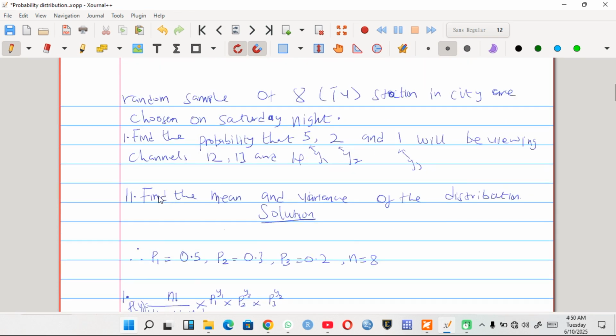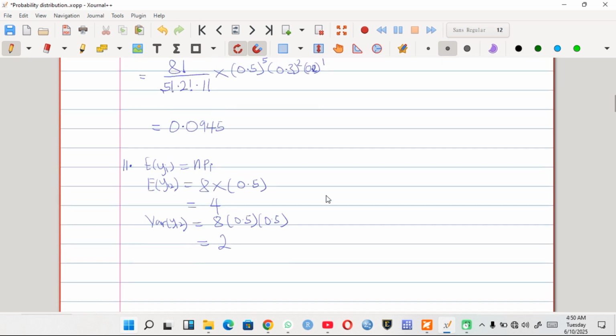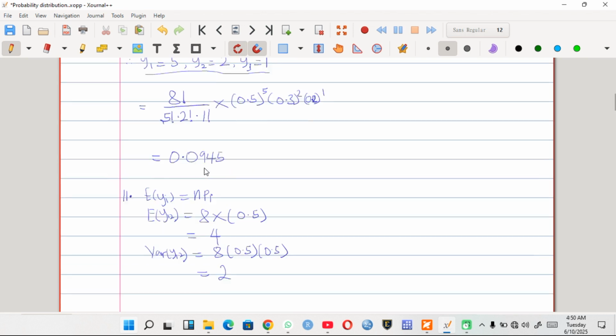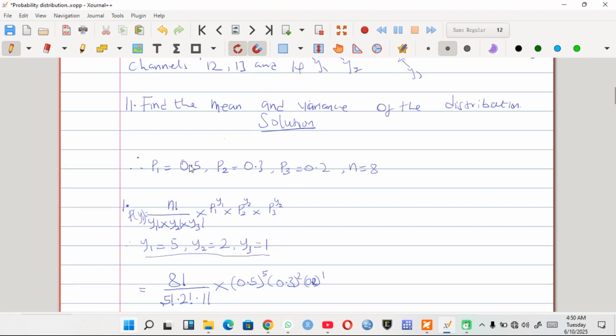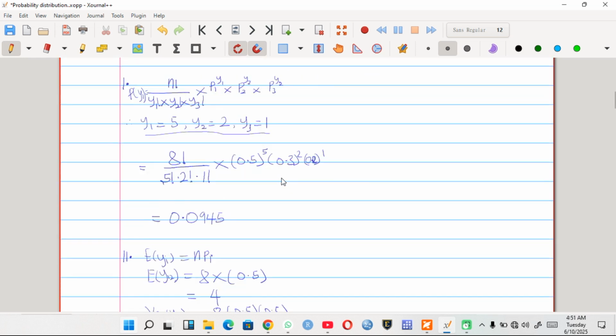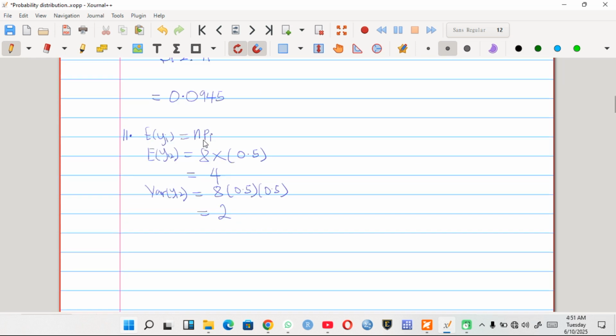And part II is telling us that we should find the mean and variance of the distribution. We know that the mean for our multinomial distribution is n times pi, right? And then we have 3 p's. That's p1, p2, and then p3, right? So here we are going to find the mean for each individual p that we have in our experiment, right?